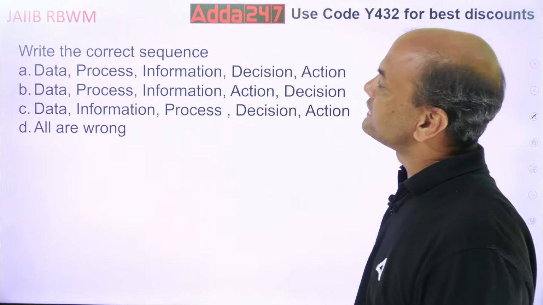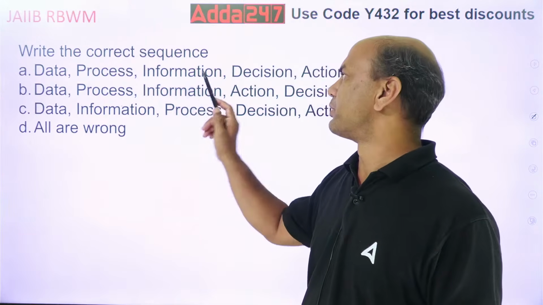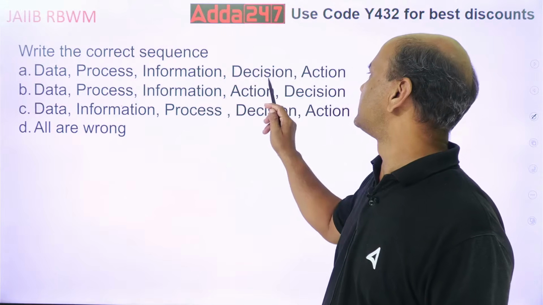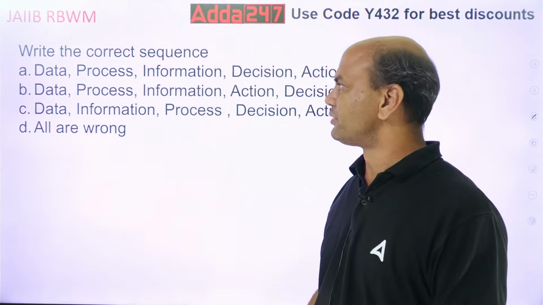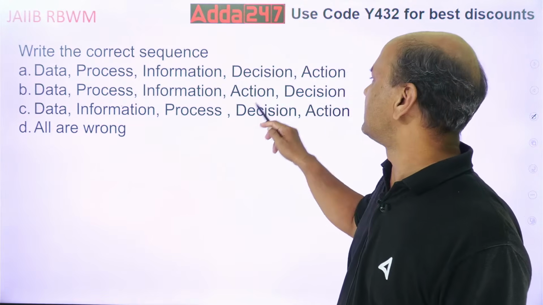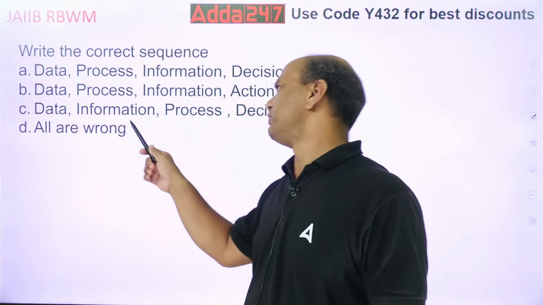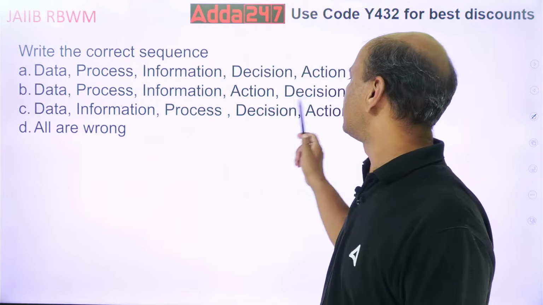Which is the correct sequence? Data, process, information, decision, action. Data, process, information, action, decision. Data, information, process, decision, action, and all are wrong.